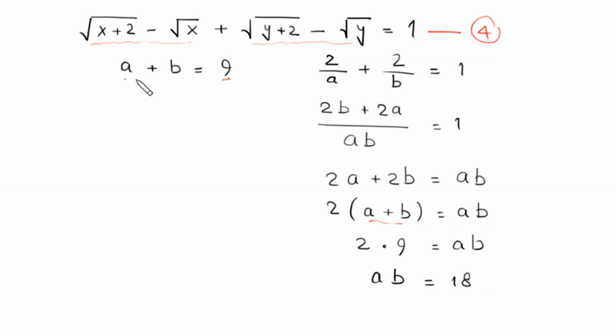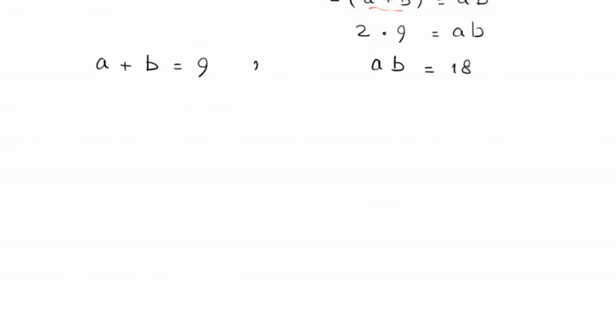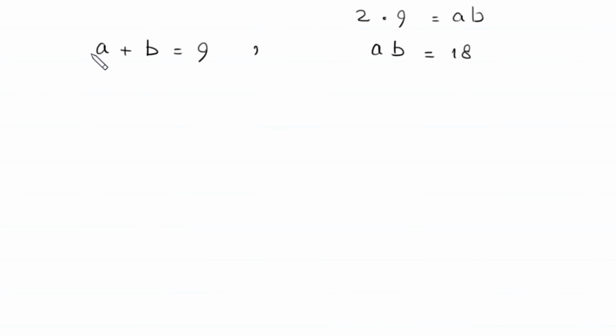We copy this equation a + b = 9 here. If we move a to the right hand side, we get b = 9 - a. In the equation ab = 18 we replace b with 9 - a, so this becomes a(9 - a) = 18.